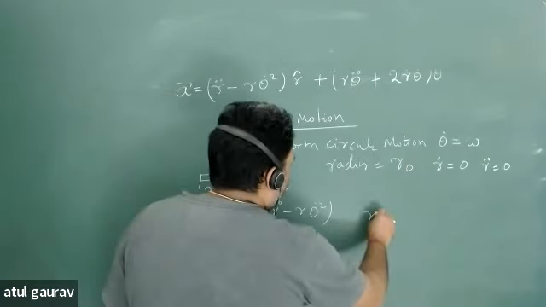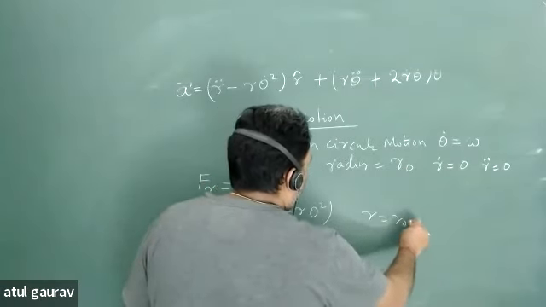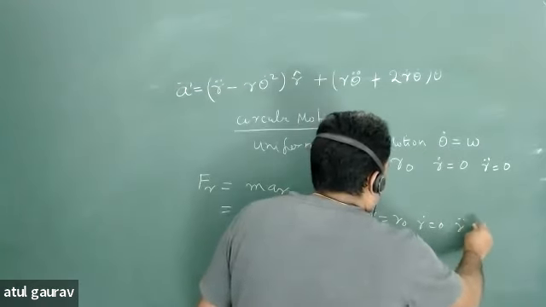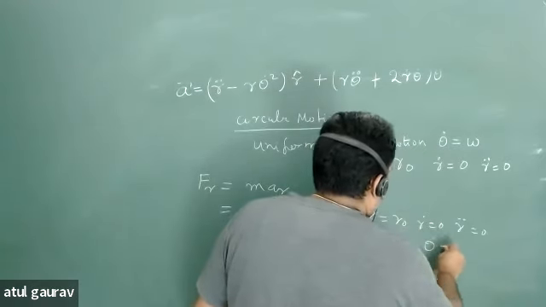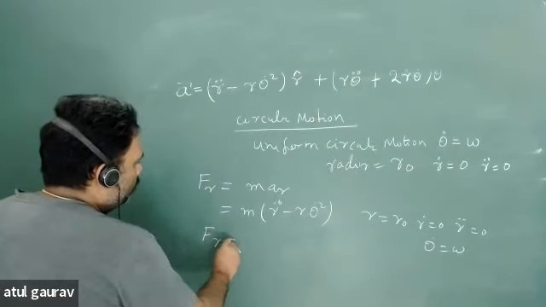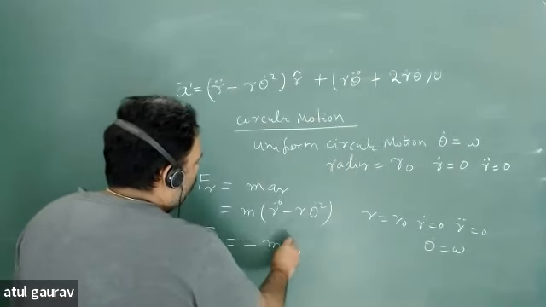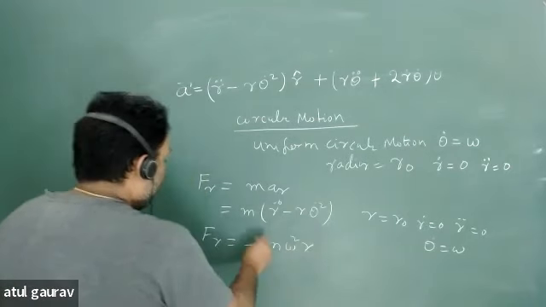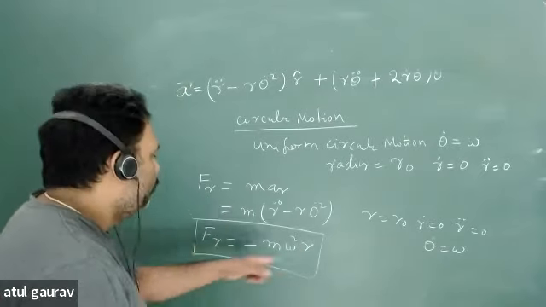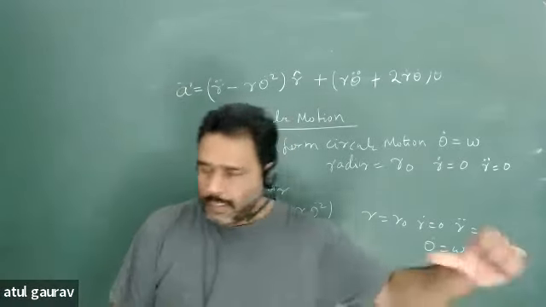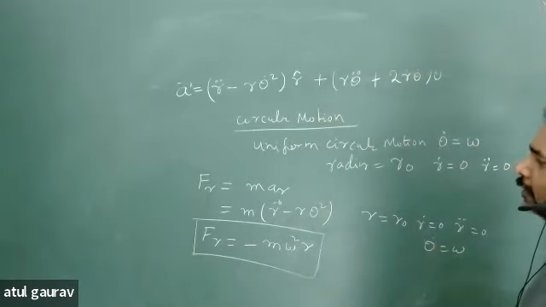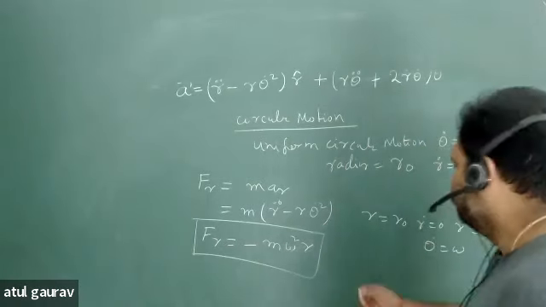You put R equal to R naught, R dot equal to 0, R double dot equal to 0, and theta dot equal to omega. Your external force must be equal to minus M omega square R. The external force must be equal to the centripetal force. Then your motion is circular in nature.